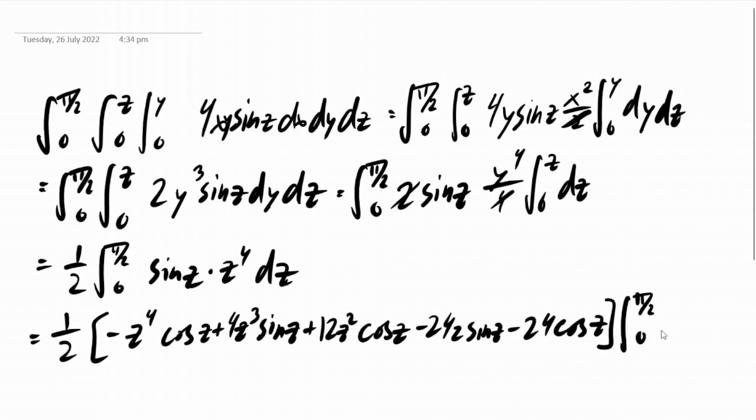Now if we substitute z with pi over 2, all of it will be equal to 0.9. And that is all for this video.